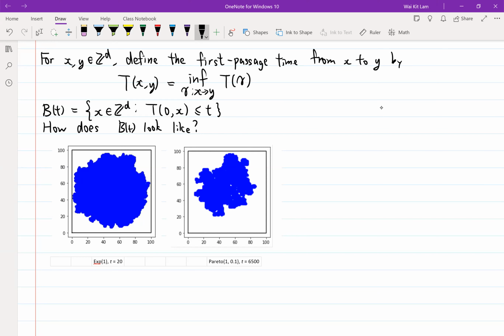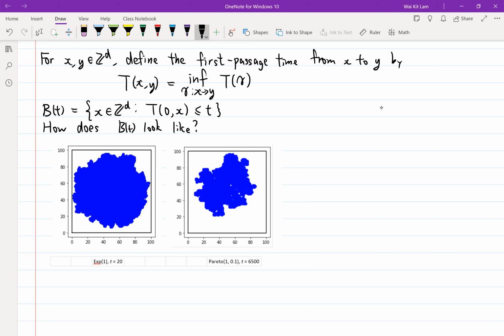The picture on the left is where I take the edge weights to be exponential random variables and look at t equals 20. Then you may be able to see some picture like this. And the one on the right is where I take the weights to be Pareto with some parameter, and this is when t equals 6,000 and something. And the B(t) looks like this.